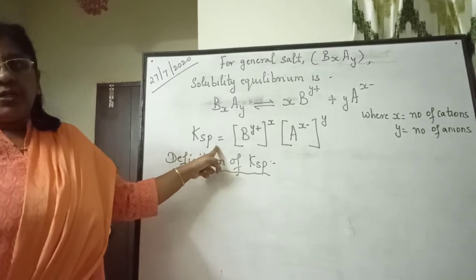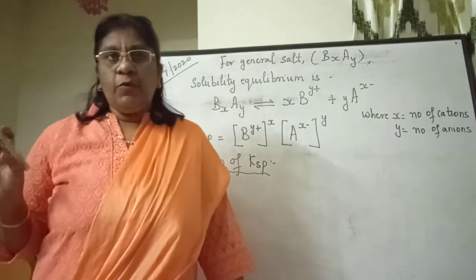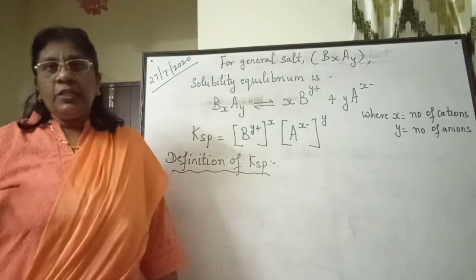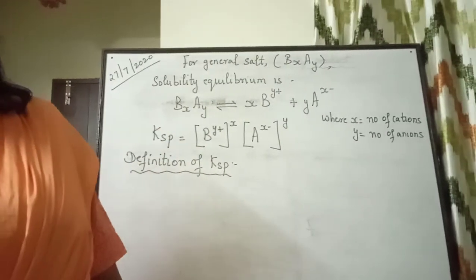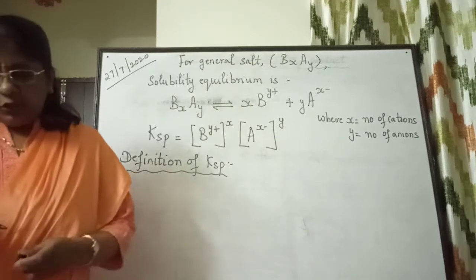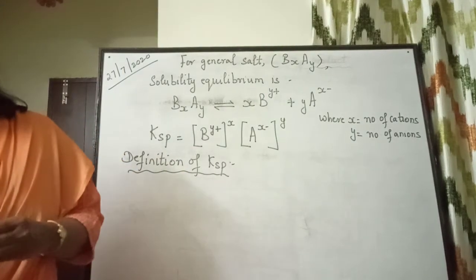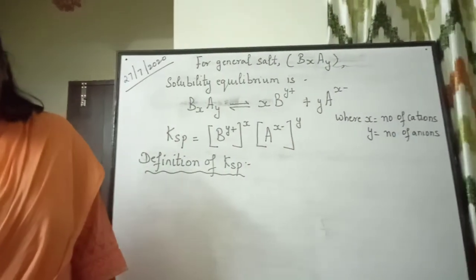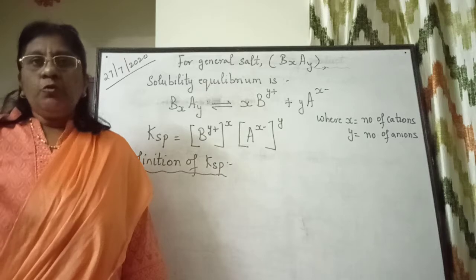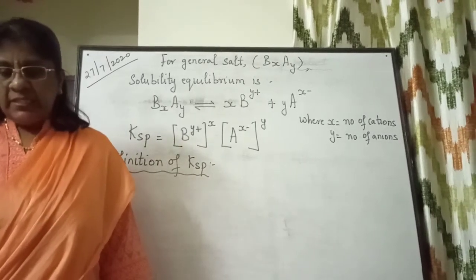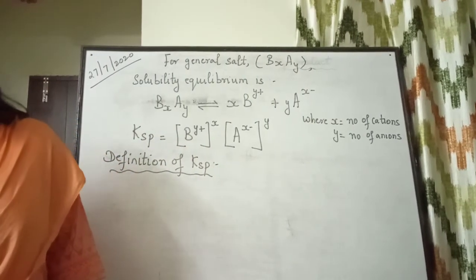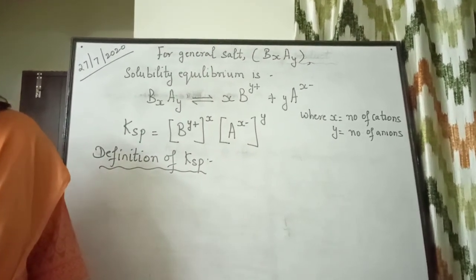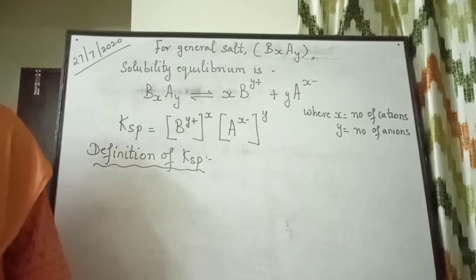In your text, another definition has been given which means the same, that is, in a saturated solution of a sparingly soluble salt, the product of equilibrium concentration of the constituent ions raised to power equal to their respective coefficients in a balanced equilibrium expression at a given temperature is called solubility product.